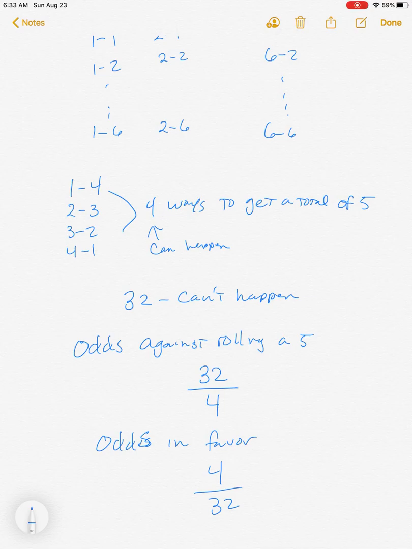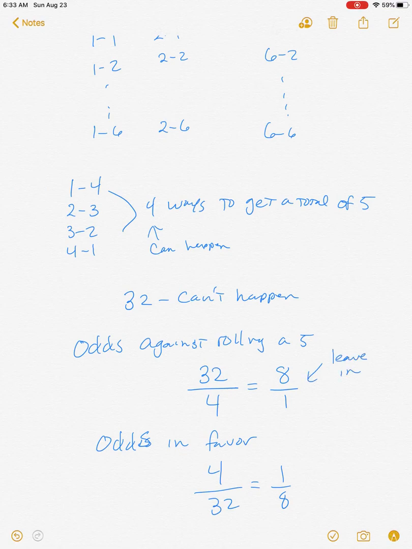The two together initially should add up to be the total sample space, and then what we do is we reduce. And you can see 4s are brought out of that, so that's 8 to 1, and this is 1 to 8. Now these are ratios, not numbers, so you want to leave this as a fraction. I'll put leave in fraction form. We want to know that it's 8 to 1, or it's 1 to 8 if it's odds in favor.